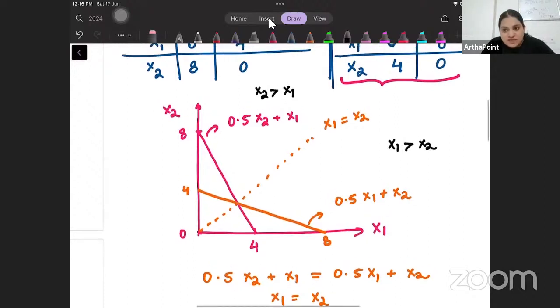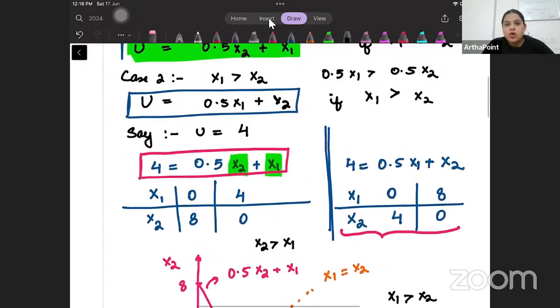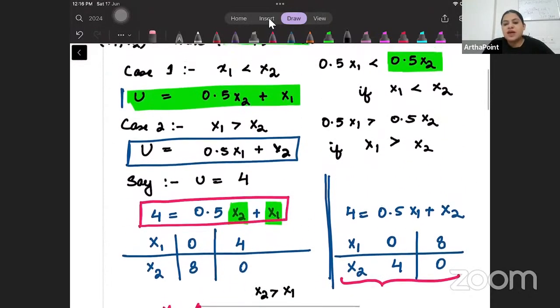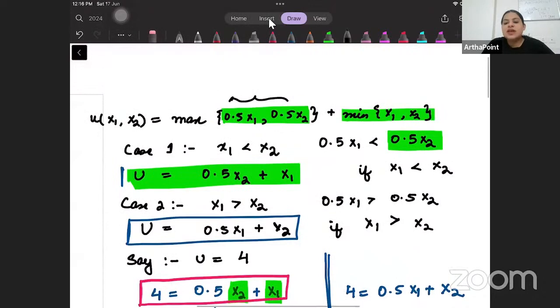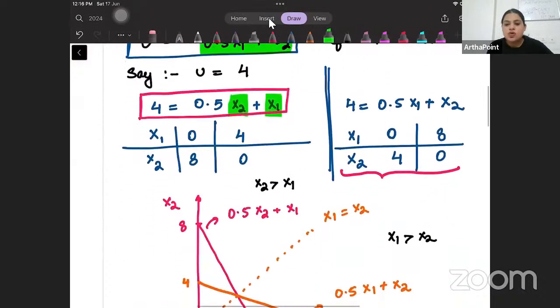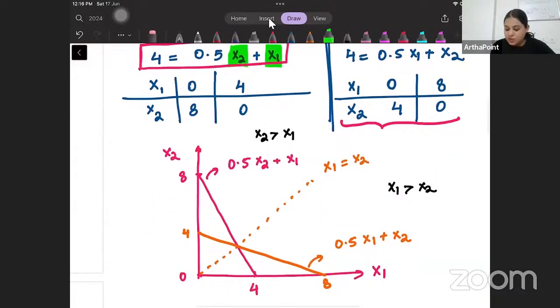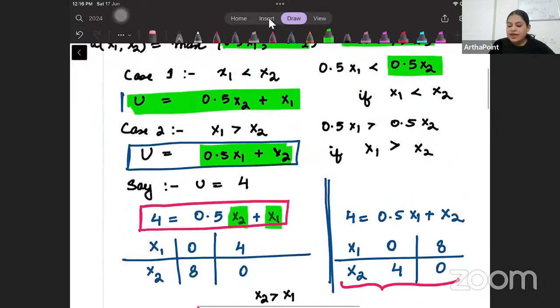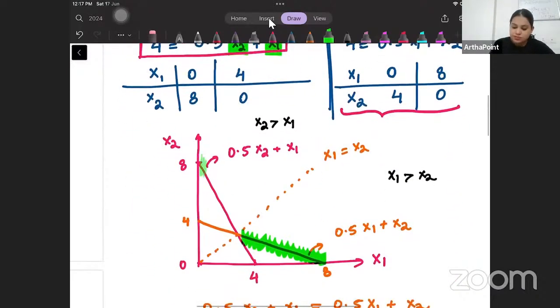So when x1 is greater than x2, what is the equation that we have? When x1 is greater than x2, the equation is this one: 0.5 x1 plus x2. So we have 0.5 x1 plus x2 in this region. And when x1 is less than x2, what's the equation we have? 0.5 x2 plus x1 in this region.